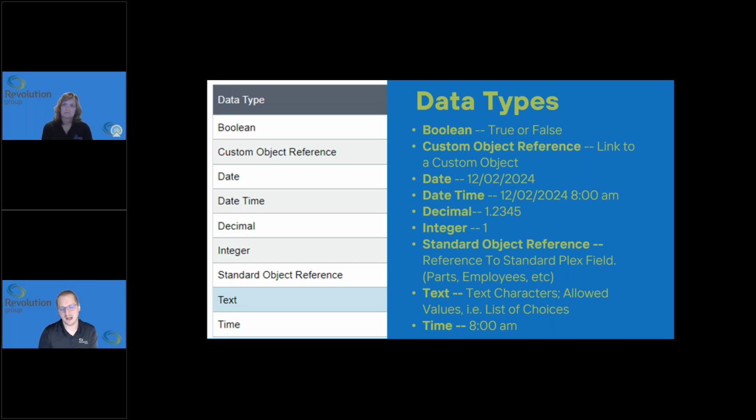We could have a custom field with a standard object reference as the data type, pointing to the employee tables to be able to assign an employee to that work center, as an example. Here we have text, which we just went through a little bit ago, which allows us to get a list of choices, and then we have time.